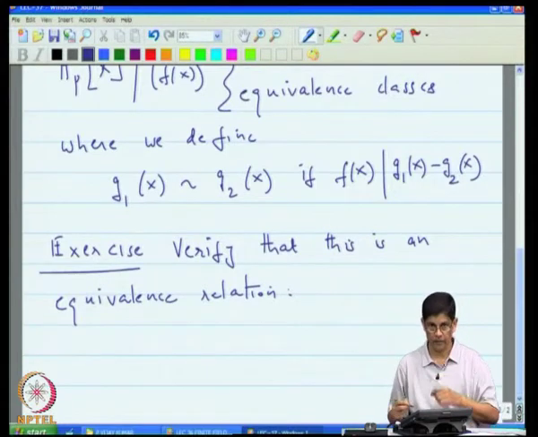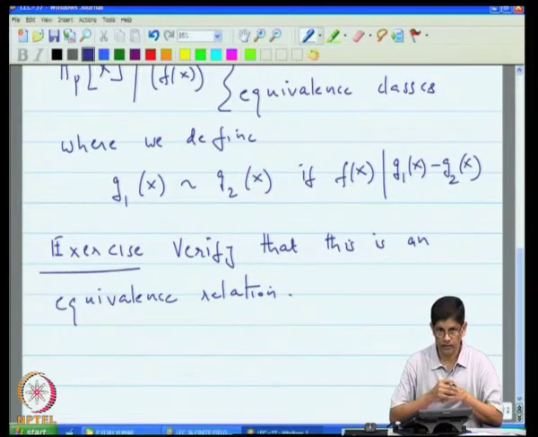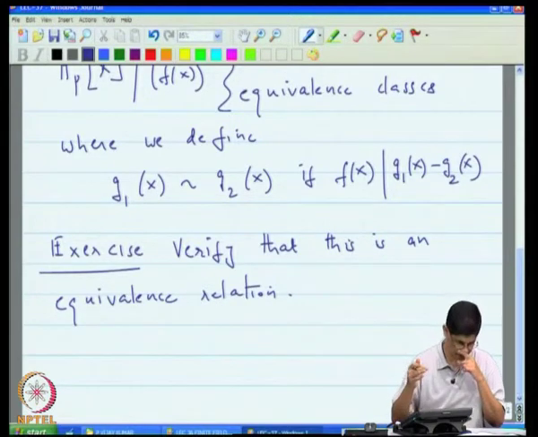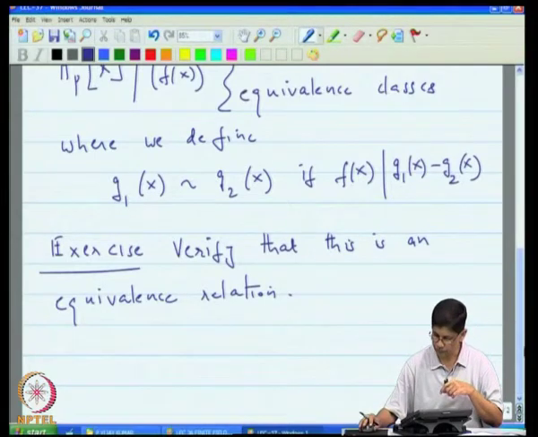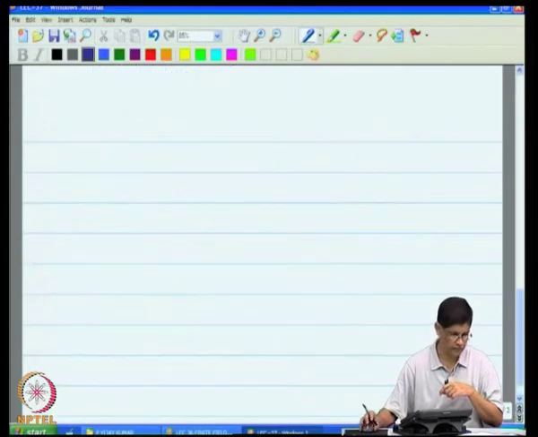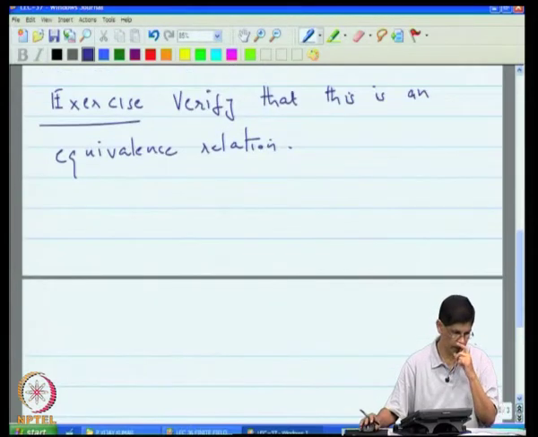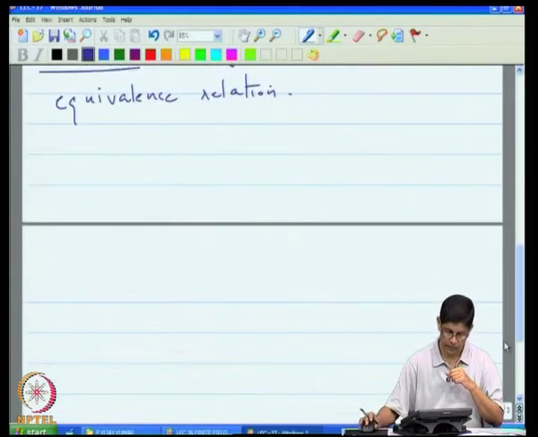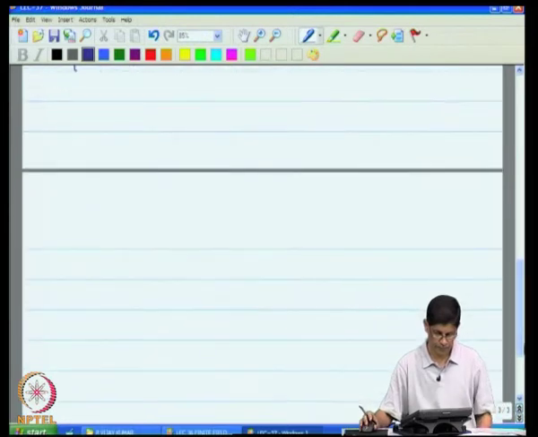What that means is that you have to verify that the reflexive, the symmetric and the transitive properties hold. Once you have verified that, then we are ready for a theorem.